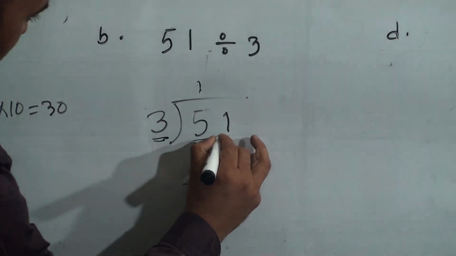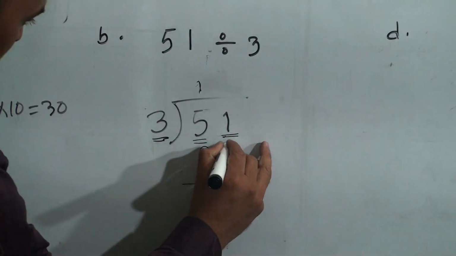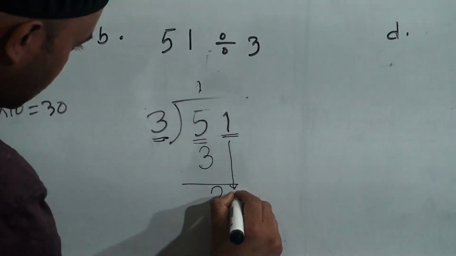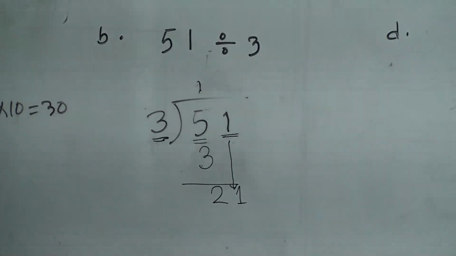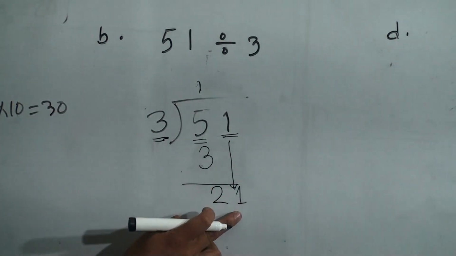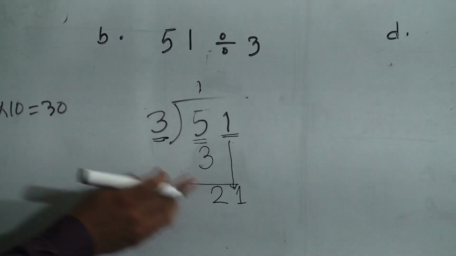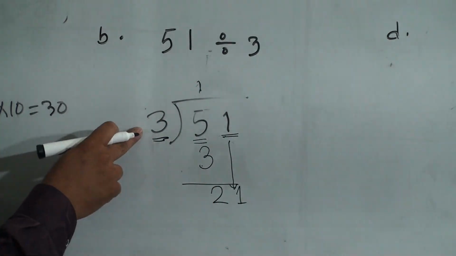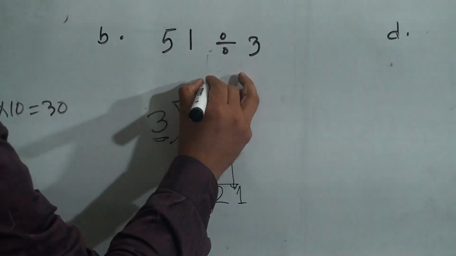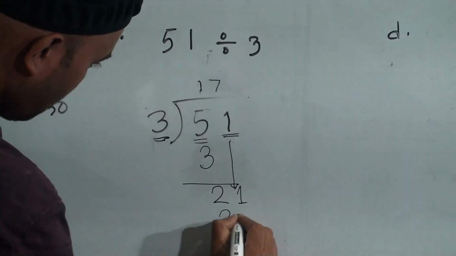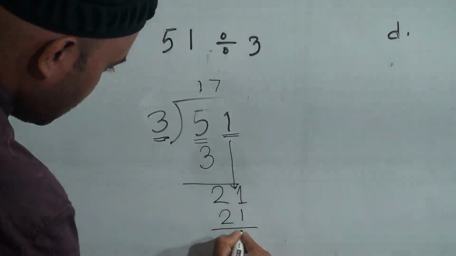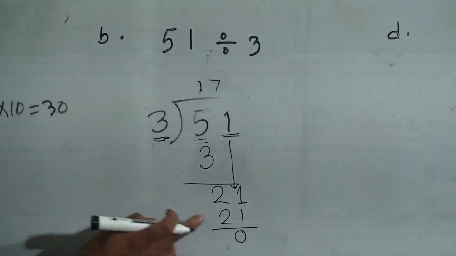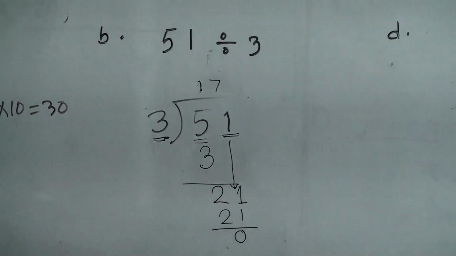Now there is another digit 1. Now bring down 1 here and it will be 21. 3 divided into 21. Now read the times table of 3. 3 7s are 21 and there is no remainder after subtracting 21 from 21.